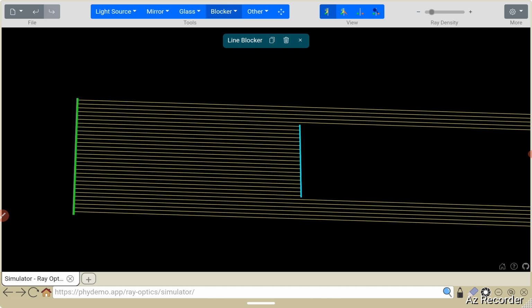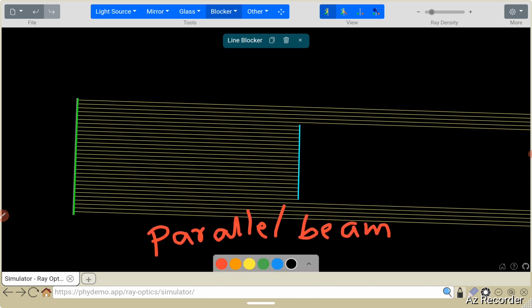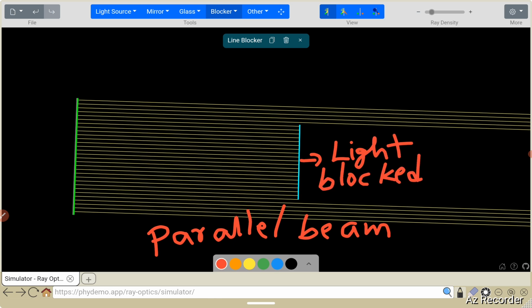Now see, wherever the opaque material is placed, there you have light blocked. Understood? Here light is blocked. Now here what happens? Shadow is formed. Correct? That opaque object's shadow is formed here.